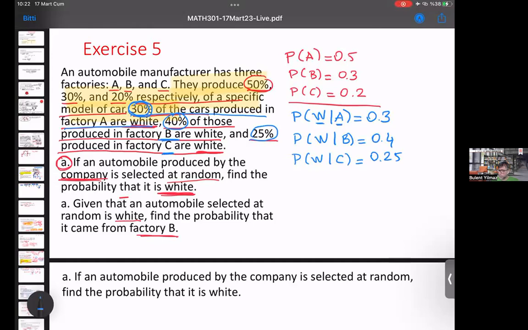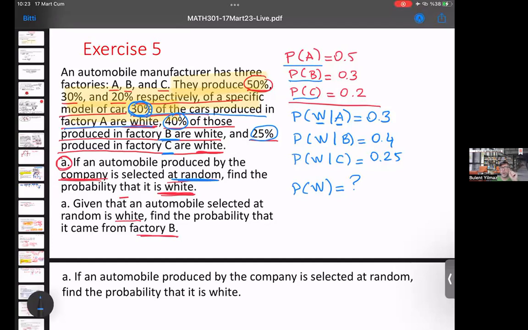These are all the things that I know from my question. So what's the thing that is being asked? If a company is selected at random, I'm going to choose either factory A or B or C, and I want to find out the probability of obtaining a white car. Many times, my friends, students have a hard time understanding the question itself.